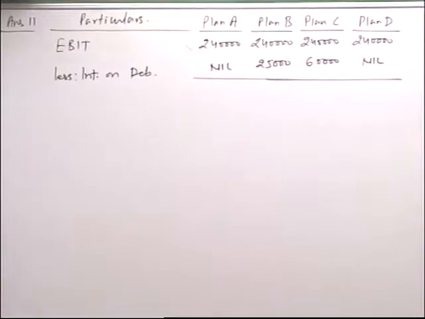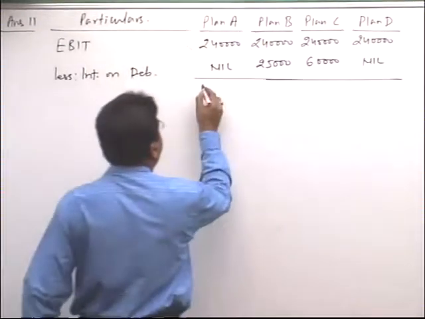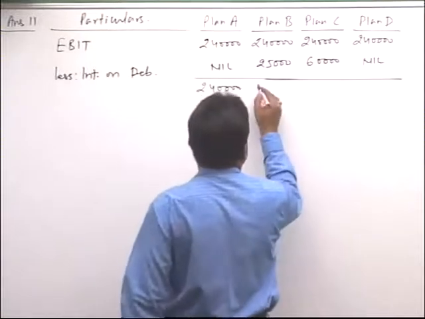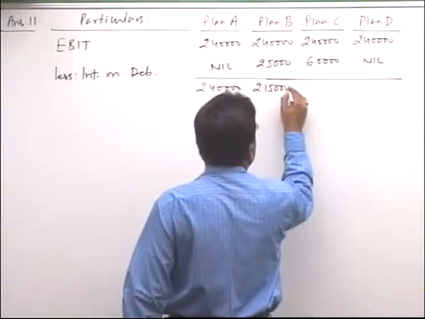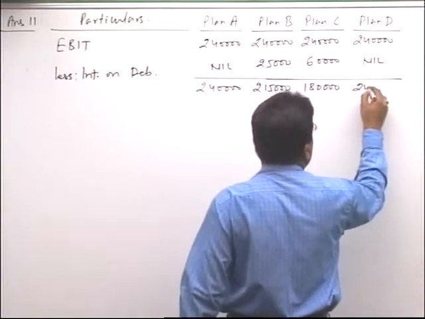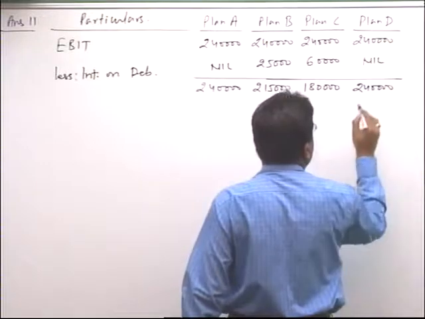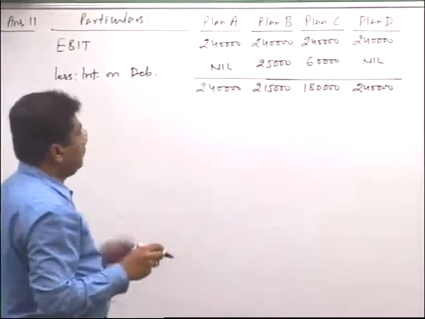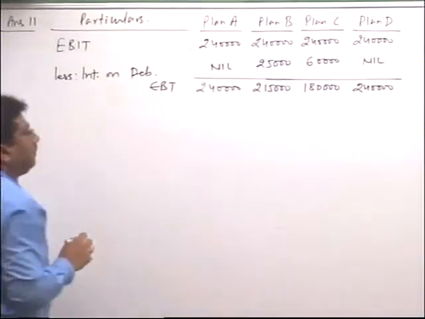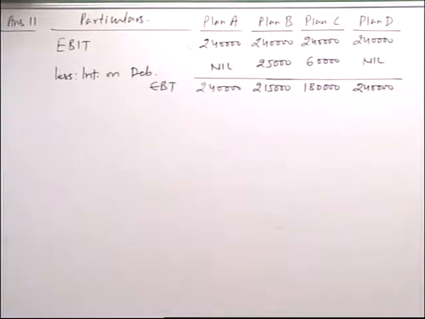Now, deduct this interest. The resultant figure will be 2,40,000, then 2,15,000, 1,80,000 and 2,40,000. This is your EBT, earning before tax.